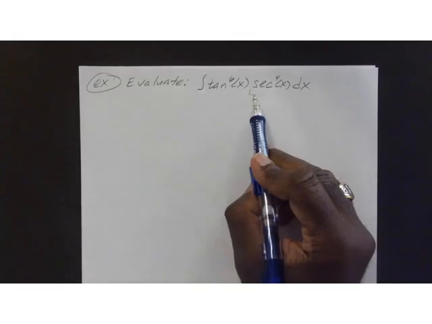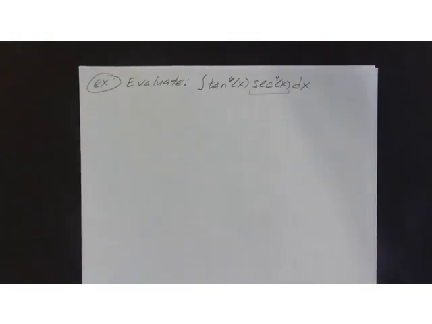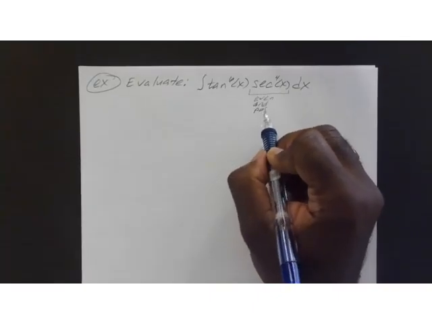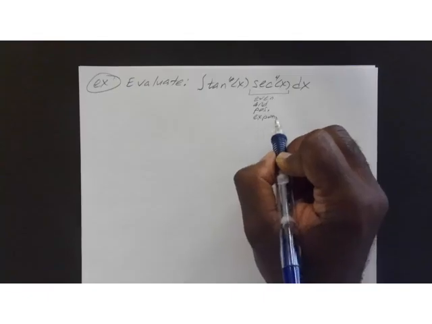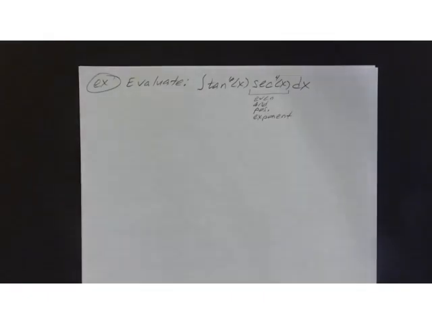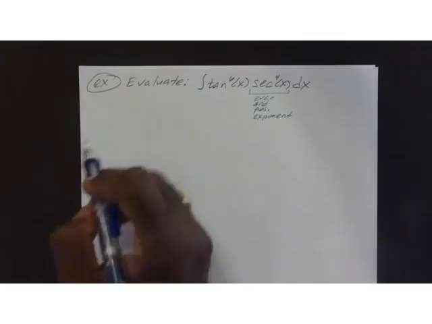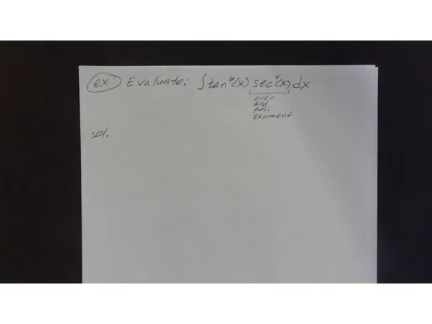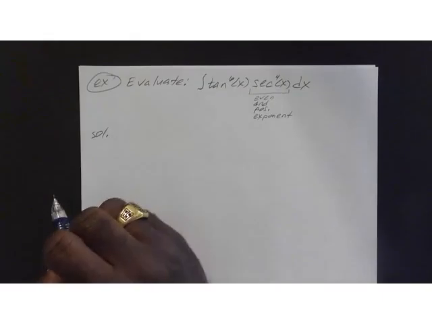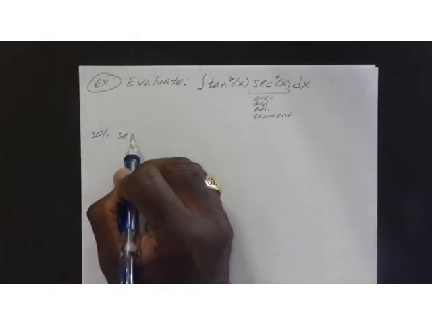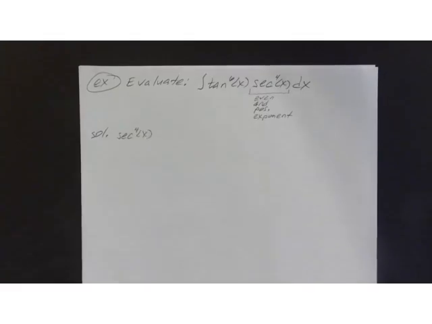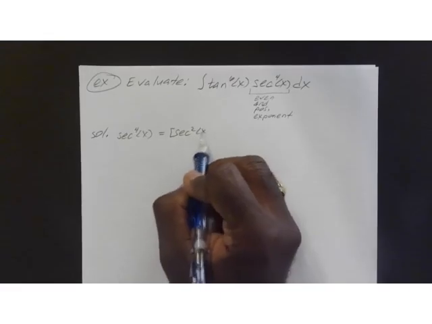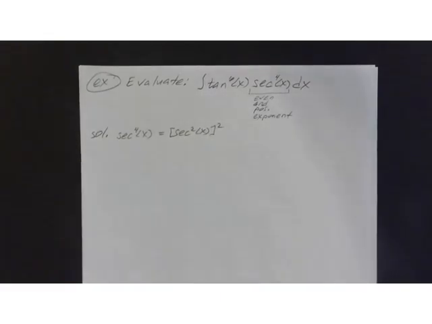So again, if you look right at our secant, we know this is an even and positive exponent. We know that we're going to take our secant to the fourth power, and we're just going to rewrite that as secant squared to the second power.